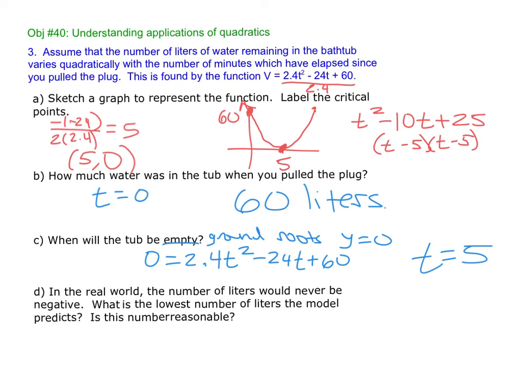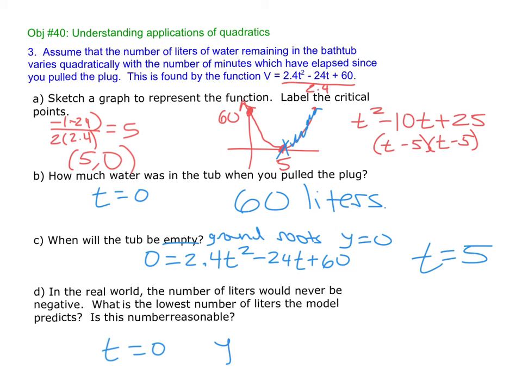In the real world, the number of liters would never be negative. What is the lowest number of liters the model predicts? Is this number reasonable? So it's 0. Basically what's happening is at 5, it's 0. But then we have all this other stuff. That's, I guess, if we were to refill the tub. But we're not going to refill the tub. So t equals 0.